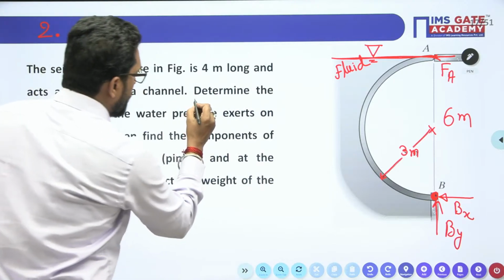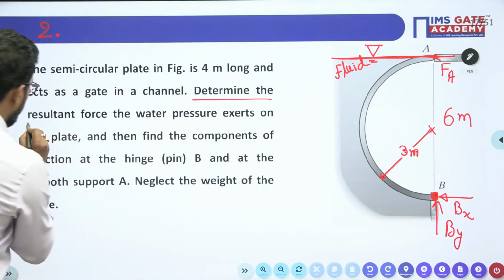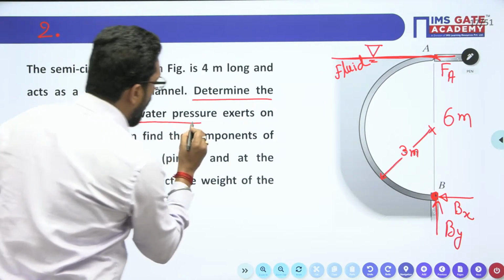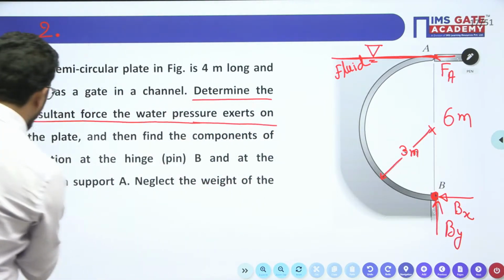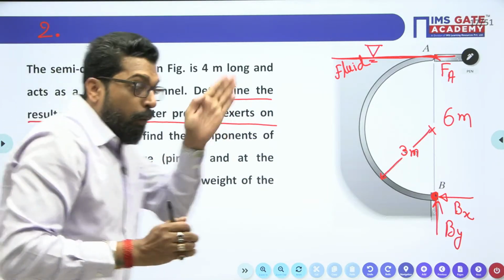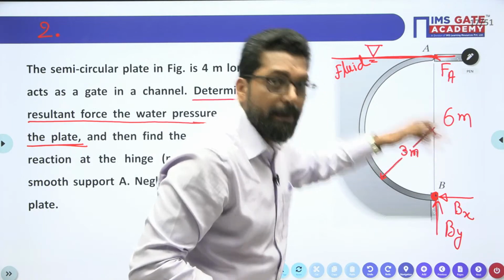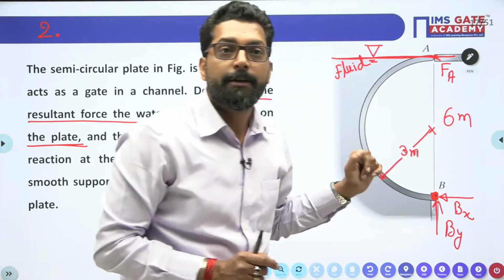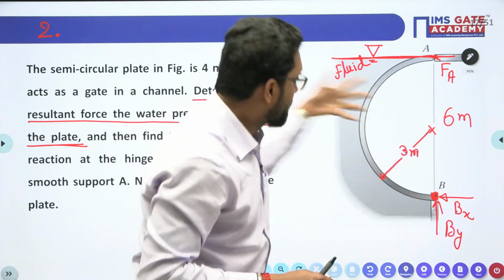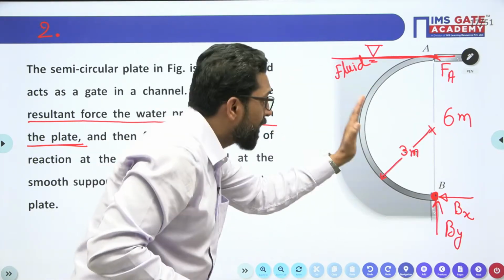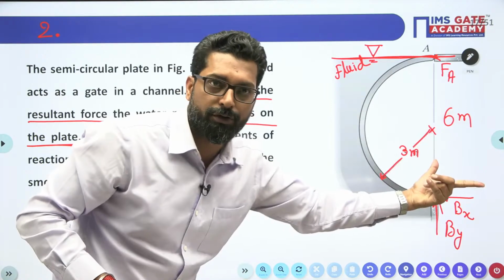Determine the resultant force that water pressure exerts on the plate. That means, what is the force exerted by the water on the plate? The water will exert the hydrostatic force on the plate.